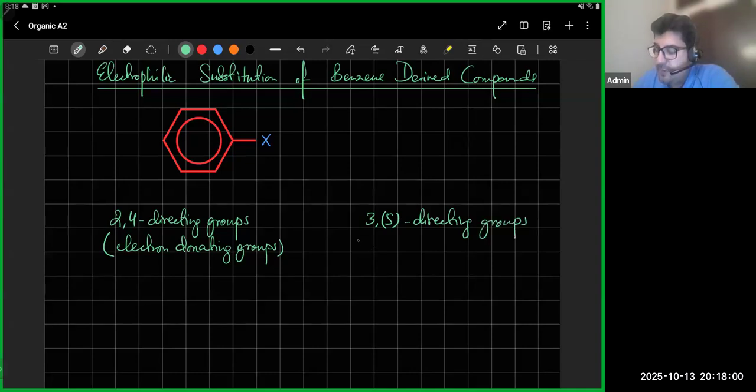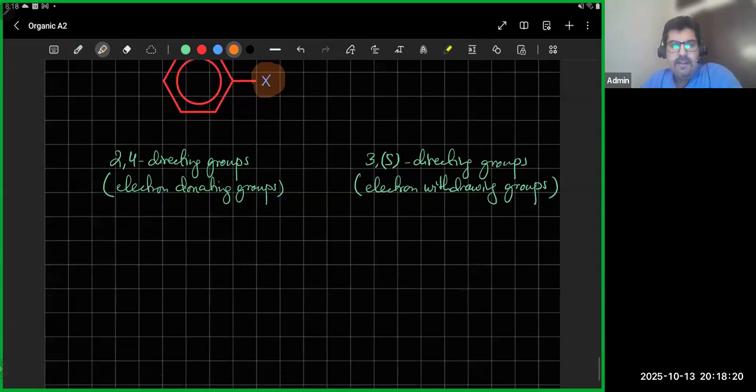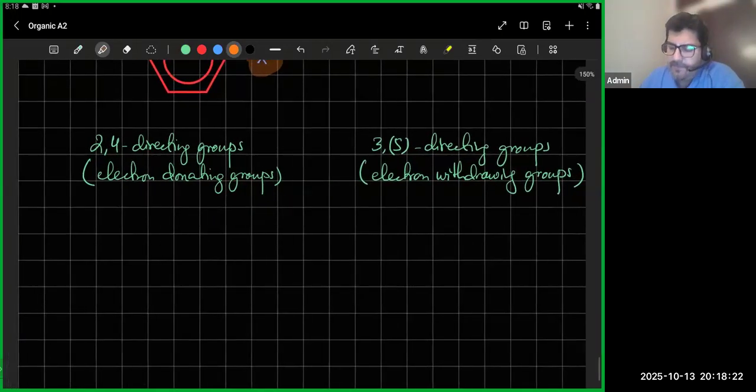These are also known as electron withdrawing groups. Again, with the group, I mean this X over here. So there are two different categories of groups.